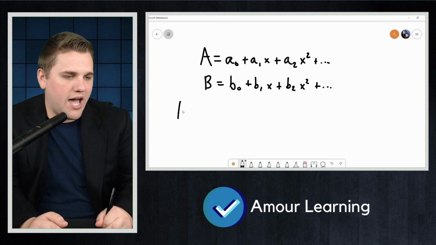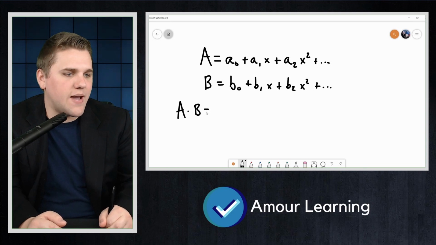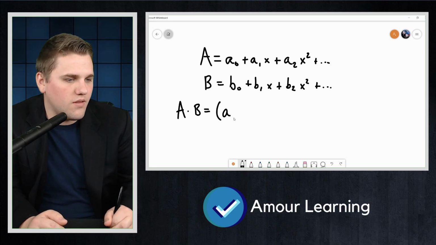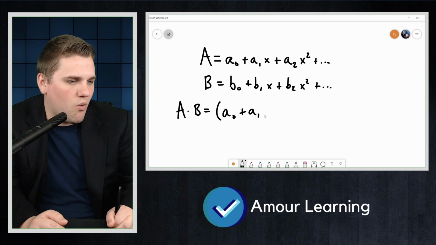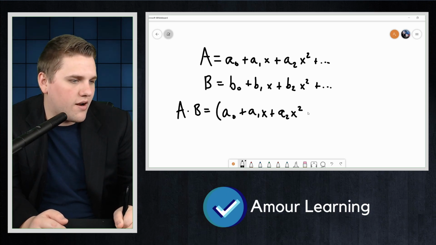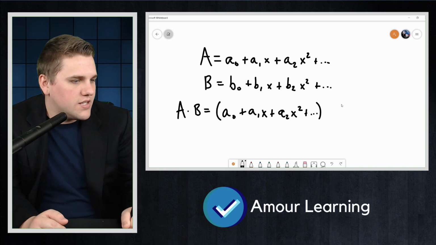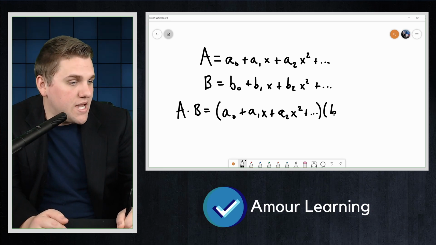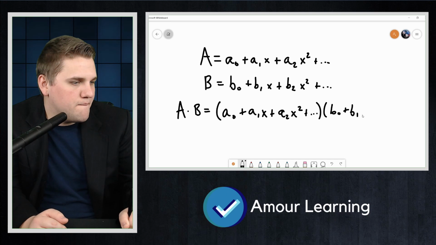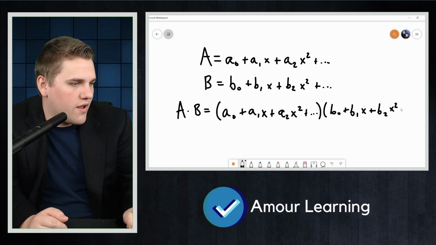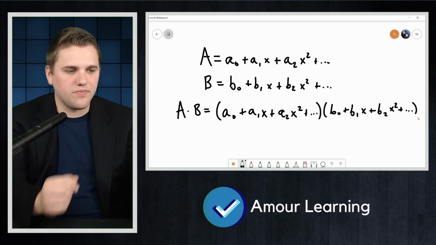Let's multiply a and b. So a times b is a0 plus a1x plus a2x squared, and so on, times b0 plus b1x plus b2x squared, and so on.